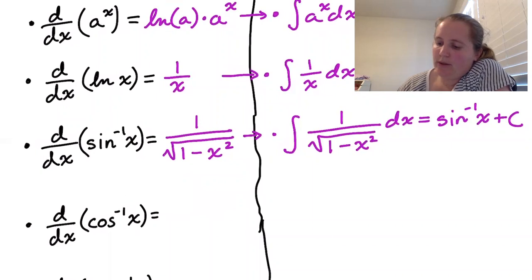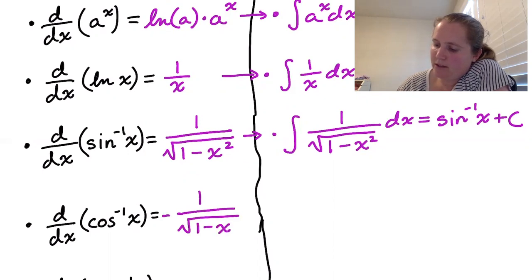Similarly, the derivative of inverse cosine was negative 1 over the square root 1 minus x squared. So it turns out that this is essentially equivalent to the previous one.